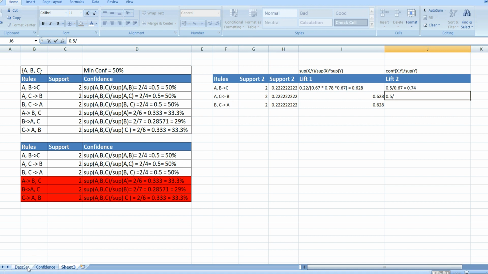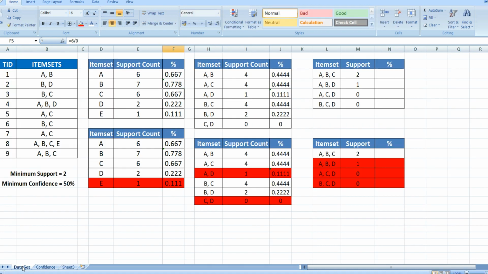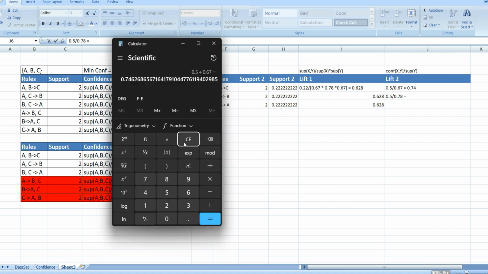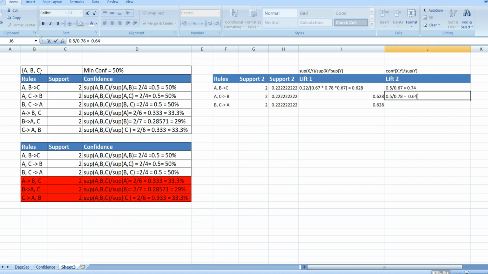And if we go for the consequent of B, the value of B, we get 0.778, which changes the value of our lift to give us a value of 0.5 divided by 0.78, 0.64.